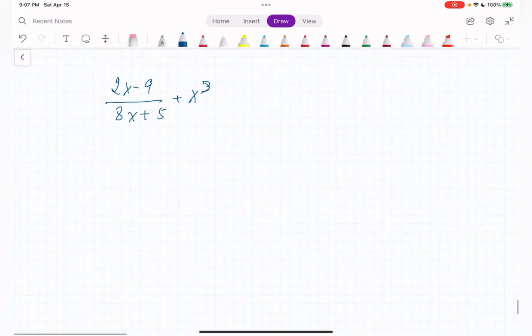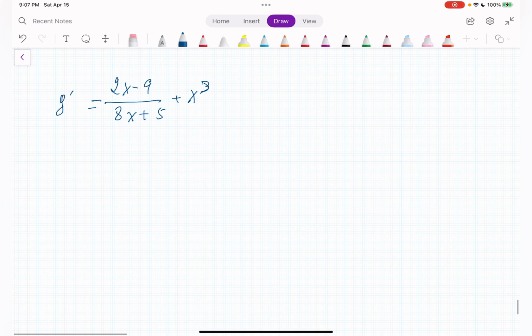Okay, this is g of x. I need to take the derivative, g prime of x.